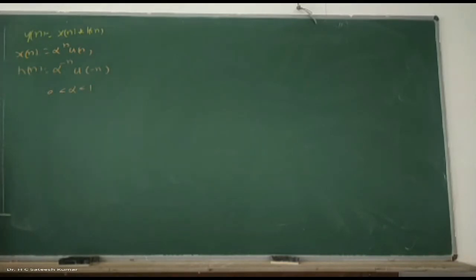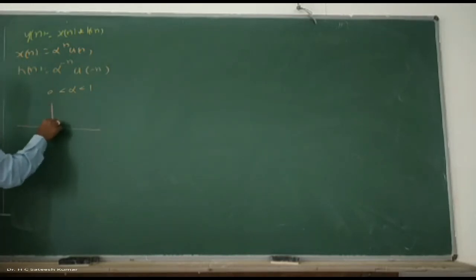That means it is decaying. Just to indicate that it is decaying he has written alpha, less than 1. So x of n starts from 0 and is decreasing.